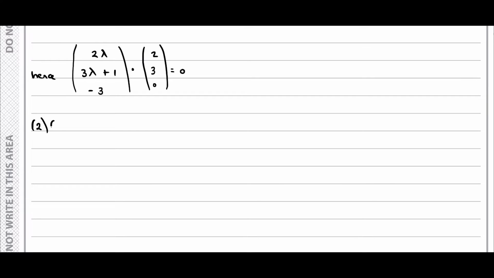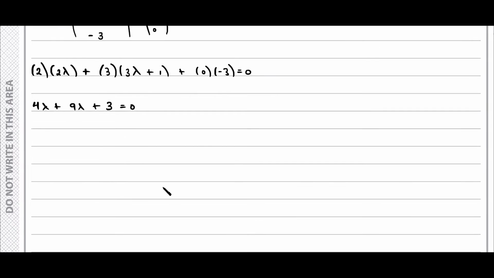So we have 2 lots of 2 lambda, I don't know why I'm saying mu, plus 3 lots of 3 lambda plus 1 plus 0 lots of minus 3. And all this is equal to 0. So we have 4 lambda plus 9 lambda plus 3 equals 0. 13 lambda is equal to minus 3. Lambda is equal to minus 3 over 13.